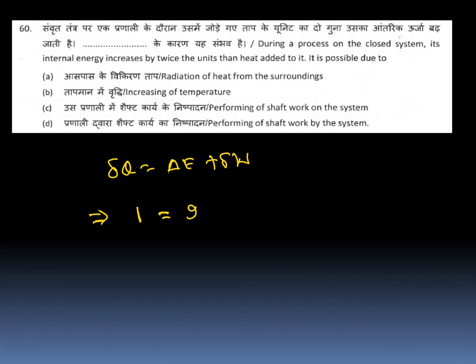So del W should be 1 minus 2, minus 1. So minus means work done on the system, performing a shaft work on the system. C is your answer.